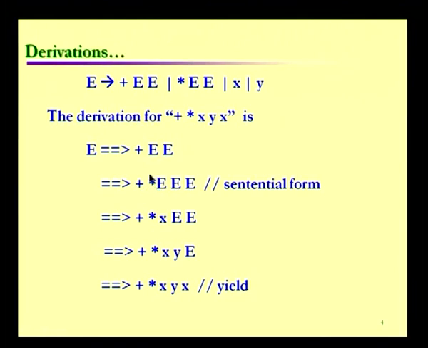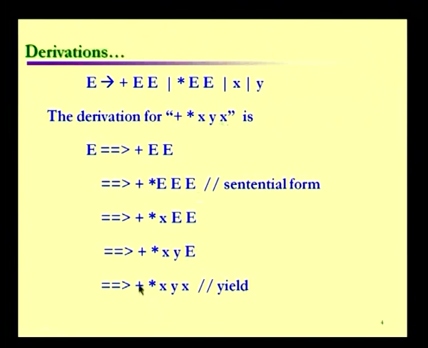Now, we have a sentential form of a stream of terminals followed by non-terminals. So, now we can go for expanding this first E by x because it is needed. In the next step, the second E by y, that is what we wanted to have from the input, and lastly this E is going to be expanded by x.